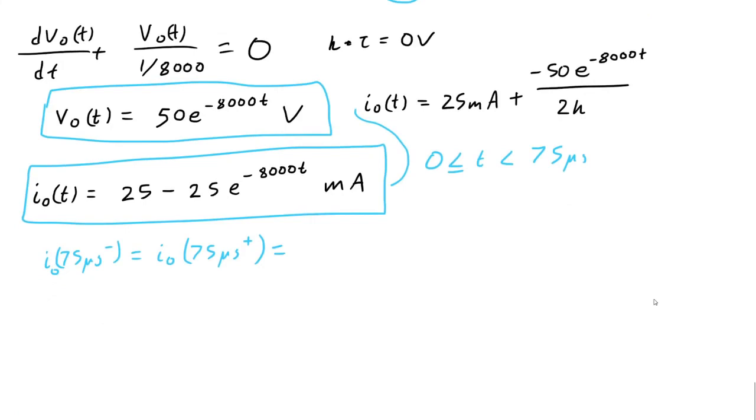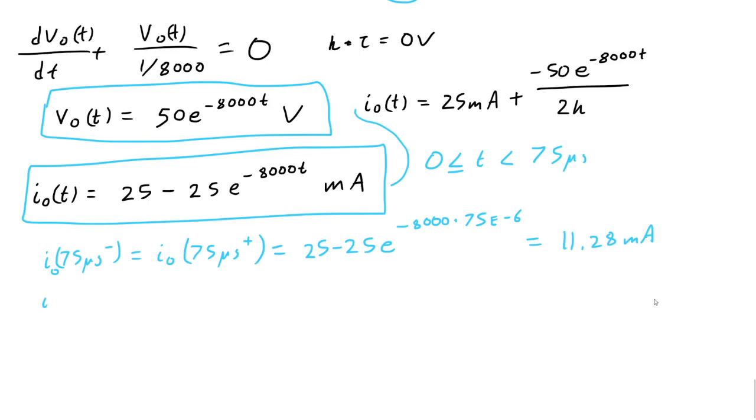The current in the resistor can, and that's going to change our voltage. But anyway, we're going to plug in 25 minus 25 e to the minus 8,000 times 75 microseconds. That ends up being 11.28 milliamps.